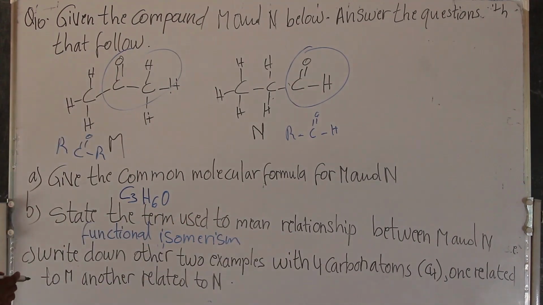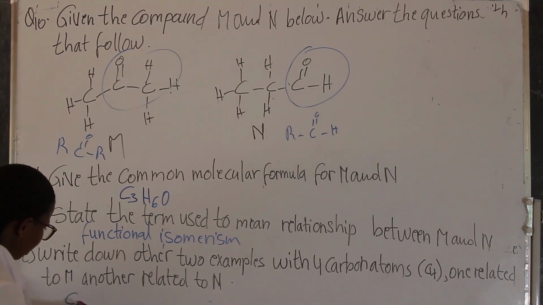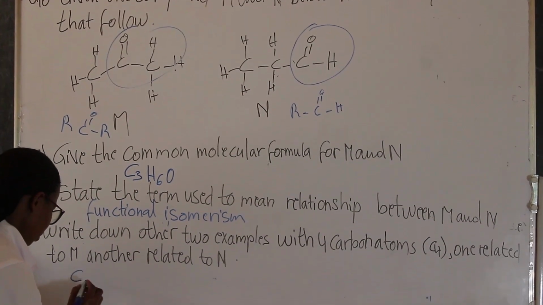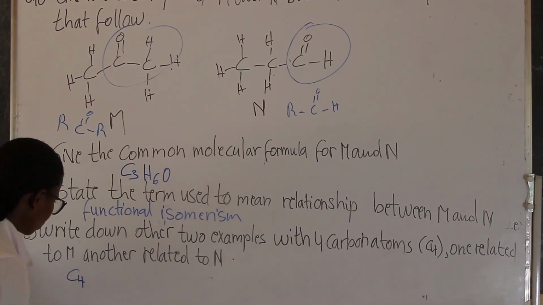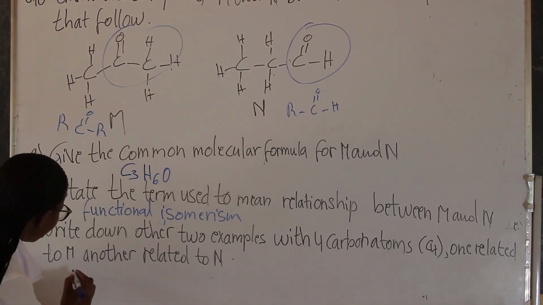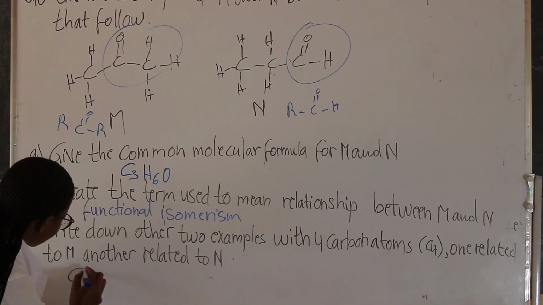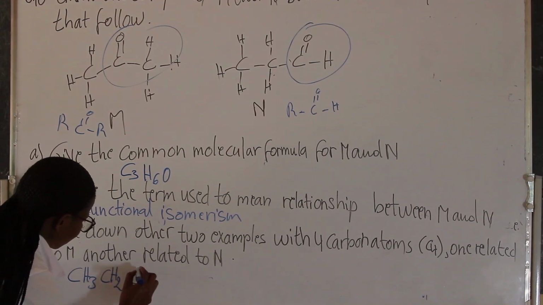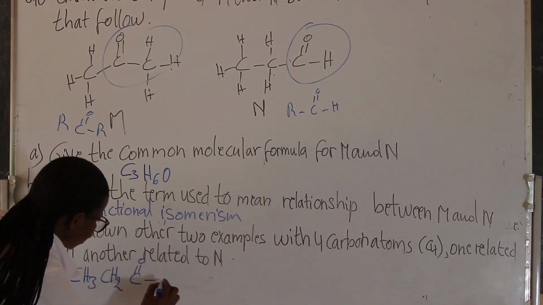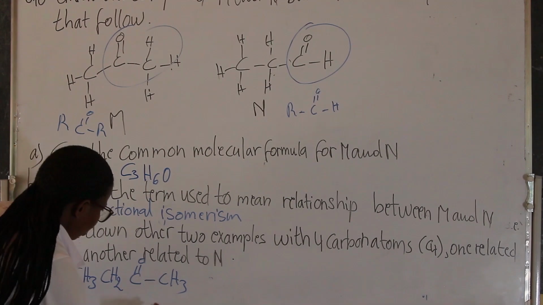We may say, for example, C4. We may say CH3, CH2, C double bond O, CH3.